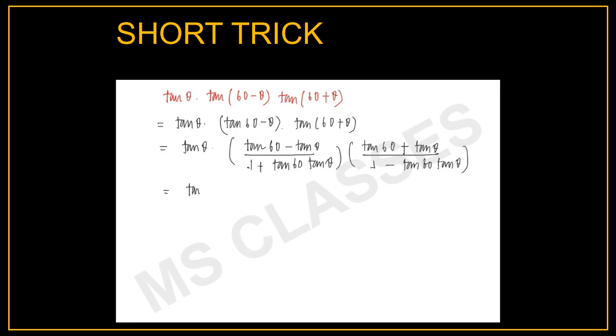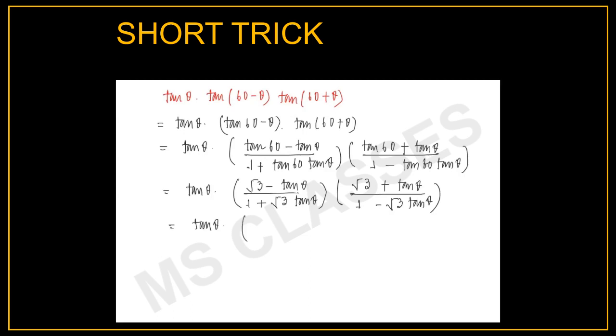Now here tan theta into root 3 minus tan theta by 1 plus root 3 tan theta into root 3 plus tan theta by 1 minus root 3 tan theta. Now here tan theta into (a minus b) into (a plus b), which is 3 minus tan square theta by 1 minus 3 tan square theta.